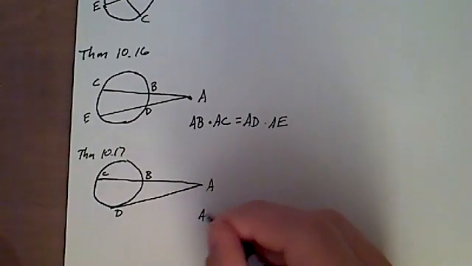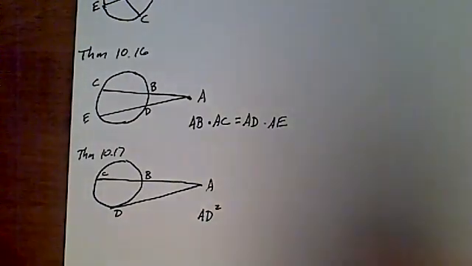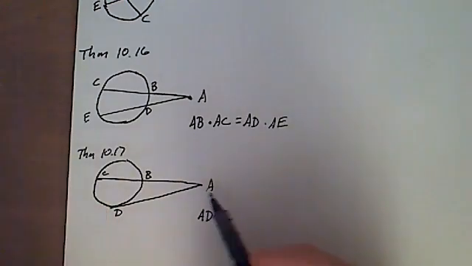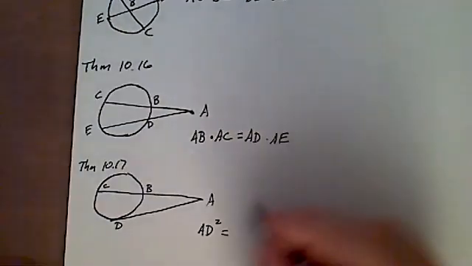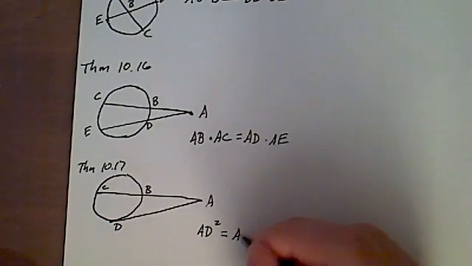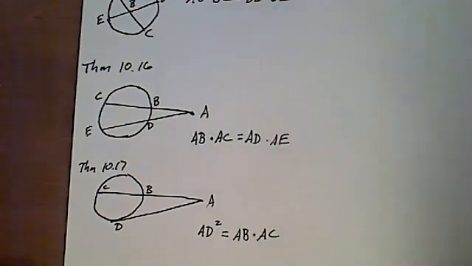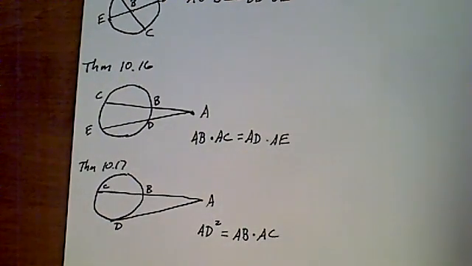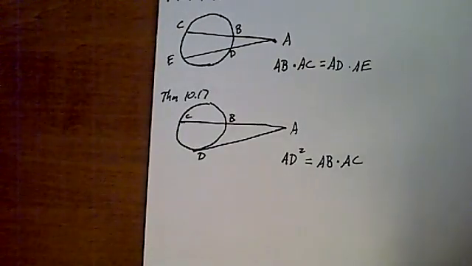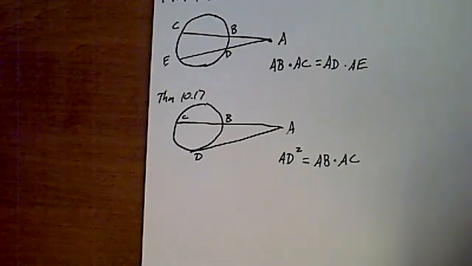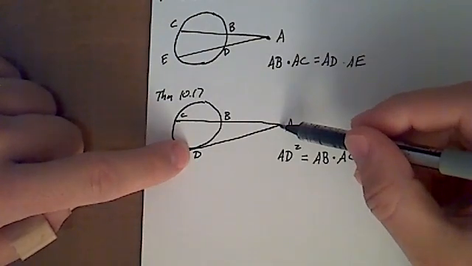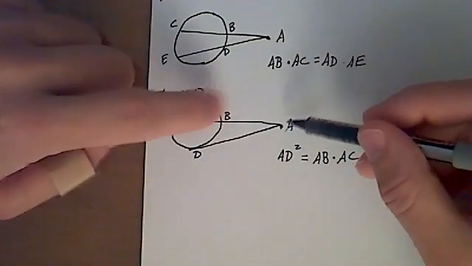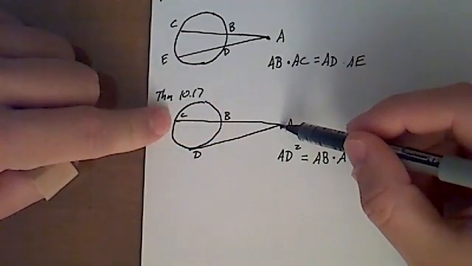So we get the tangent segment squared equal to the exact same way that we were doing 10.16, which is the outside part times the whole. Just one more time: the tangent segment AD squared is equal to AB times the whole AC.